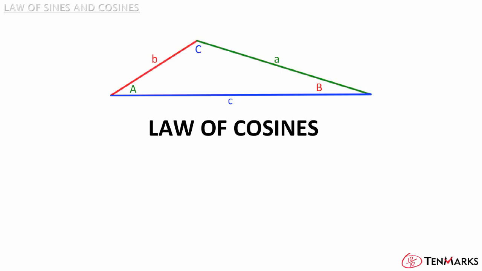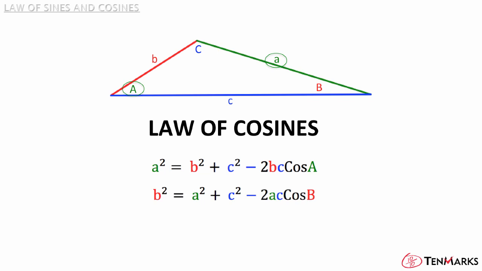The law of cosines tells you that the square of a side of a triangle is equal to the sum of the squares of the other 2 sides minus 2 times the length of those sides times the cosine of the angle opposite. There are 3 formulas for the law of cosines, 1 to represent each side. The law of cosines looks a lot like the Pythagorean theorem, doesn't it? Let's take a look at the proof of the law of cosines and why it works.